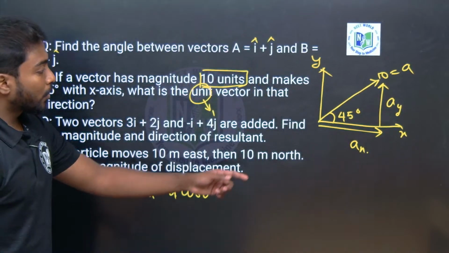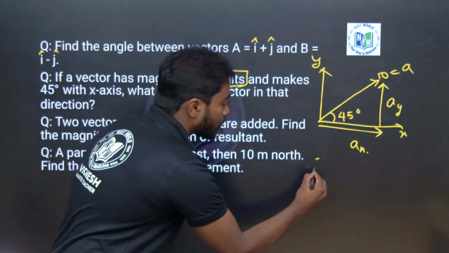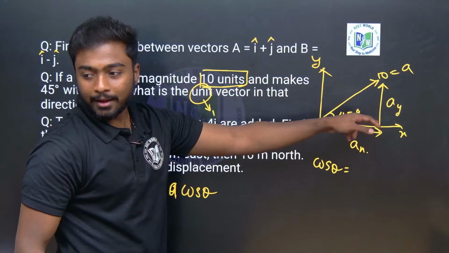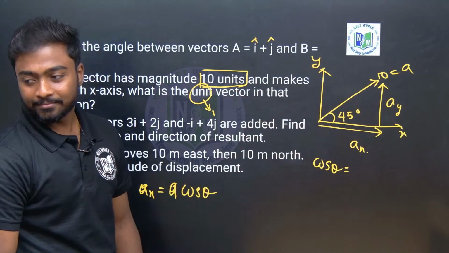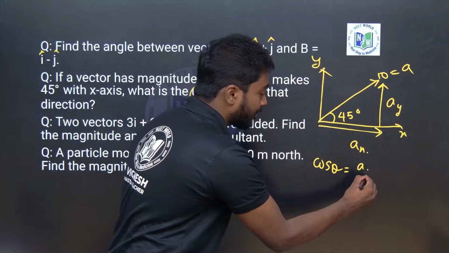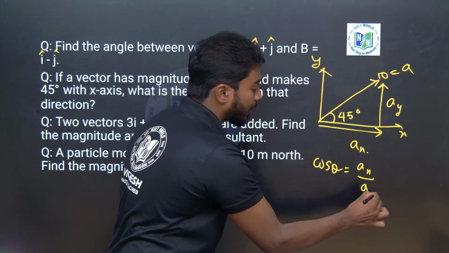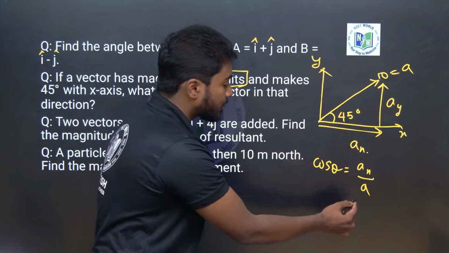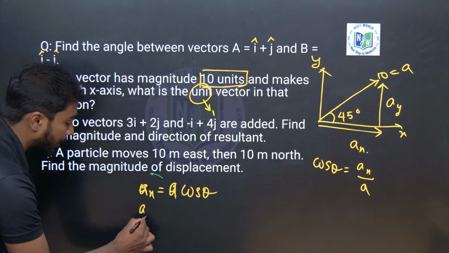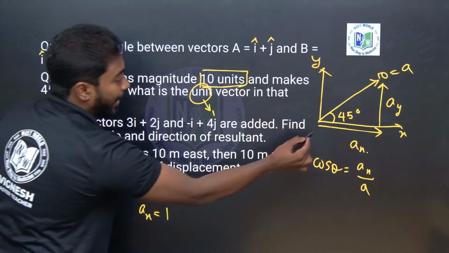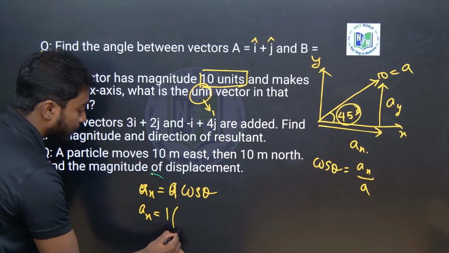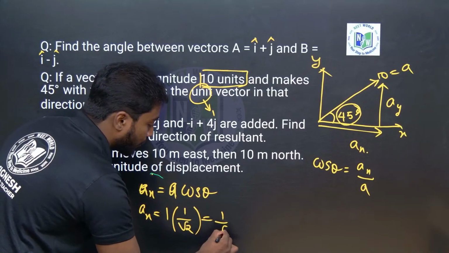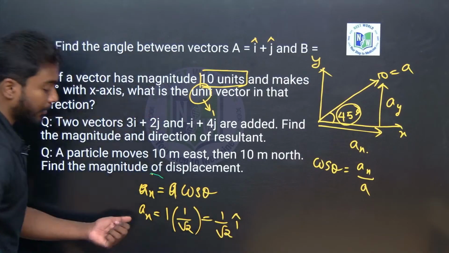Cos theta equals adjacent by hypotenuse. We are talking about the unit vector, so the unit is 1. So ax equals 1. What is the angle? 45. So the value is 1 by root 2 i cap for ax.